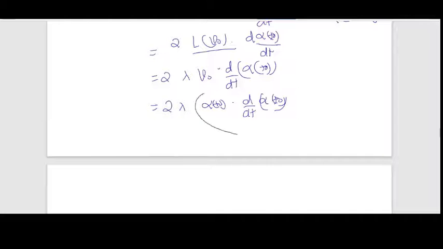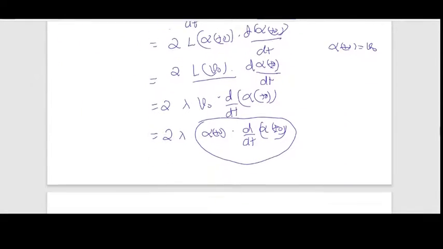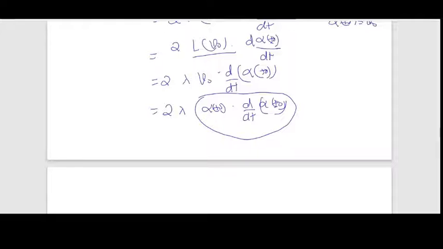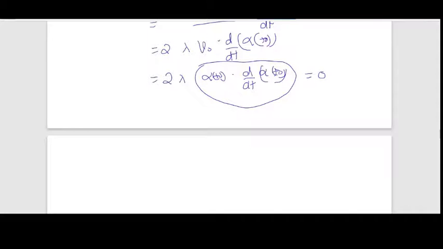But what is this term? We already wrote here 2 into alpha of t, d alpha dt equals 0 for all t. So this is equal to 0 at t naught also. Therefore we have (f composition alpha) dash of t naught equal to 0.